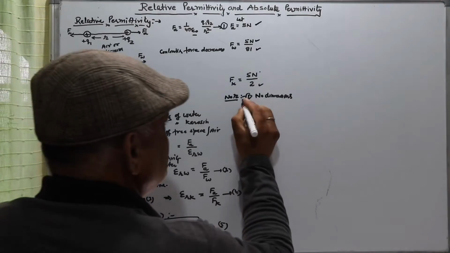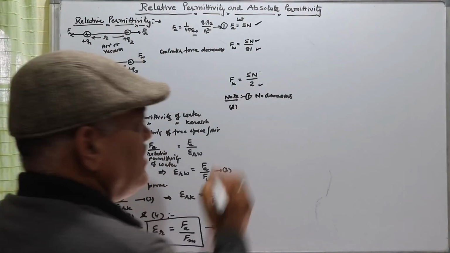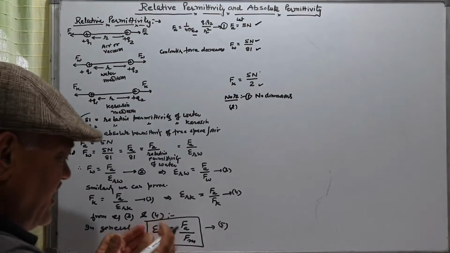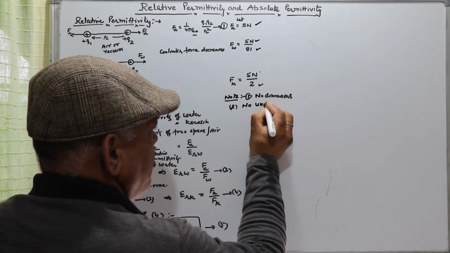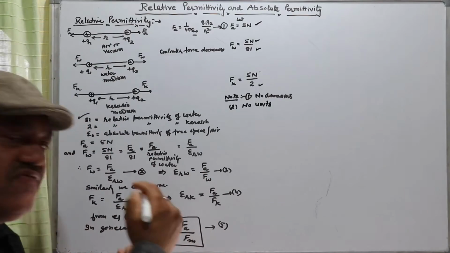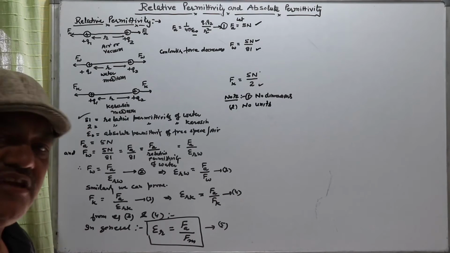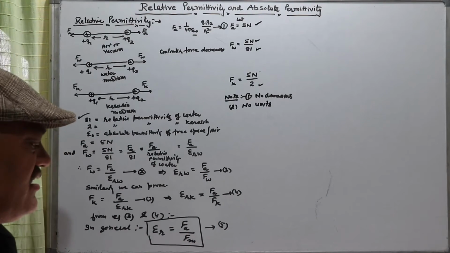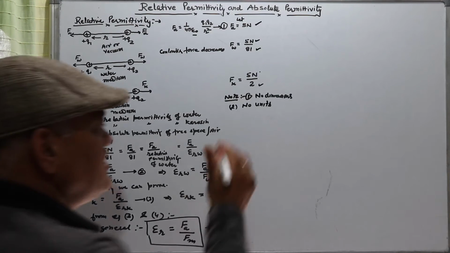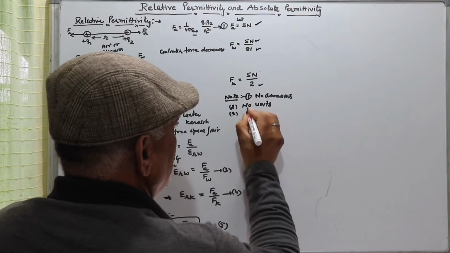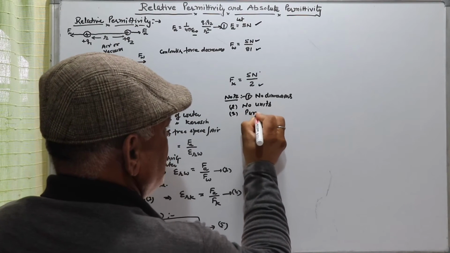Now, no dimensions, hence second note: relative permittivity has no units. It is the ratio of the same physical quantities, so the units cancel out. Relative permittivity has no units and no dimensions. It means, number 3, it is a pure number.